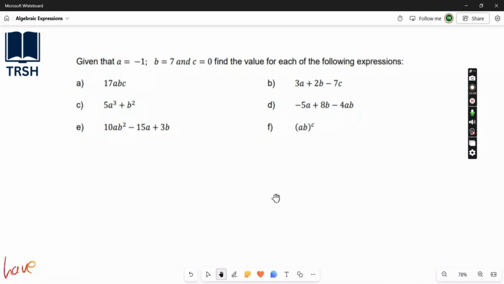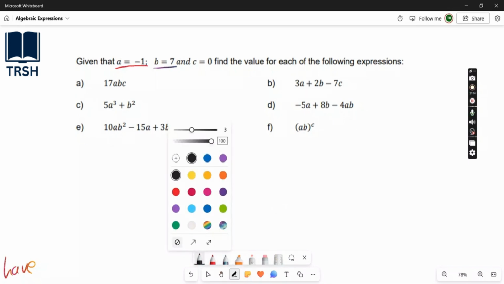Given that A is equal to -1, B is equal to 7, and C is equal to 0, find the value of each of the following expressions. That's what they give us.